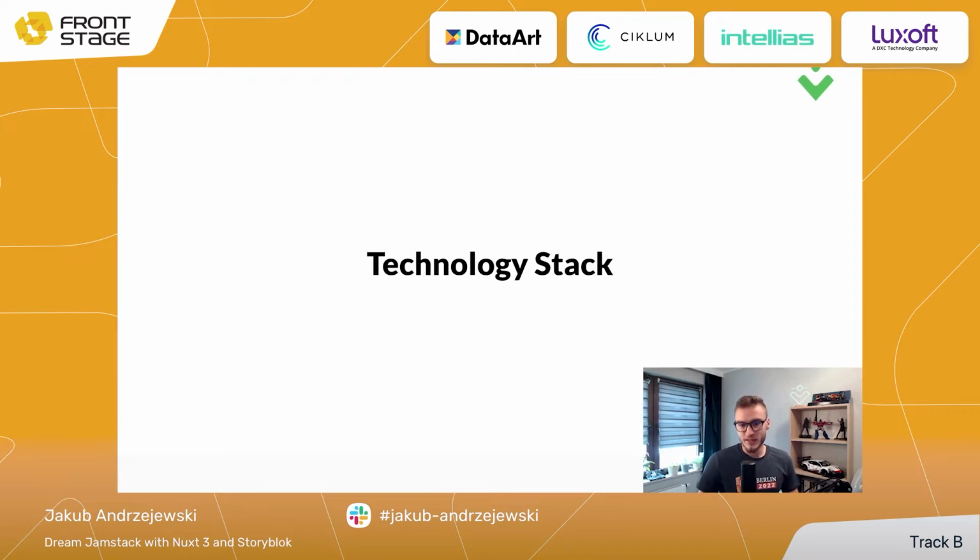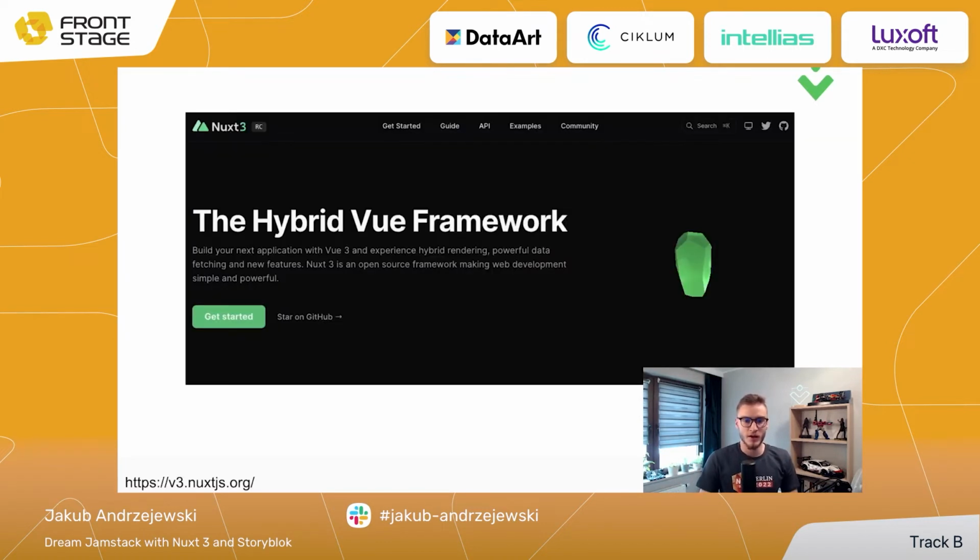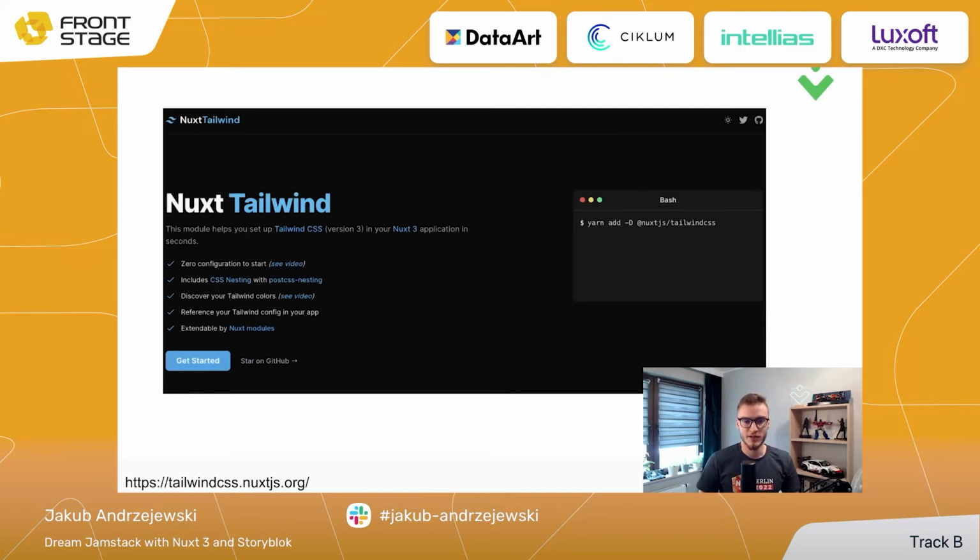So the technology stack for our demo part, because the presentation will be divided into this, like the theory part and then the practical one with the demo. I will be using Nuxt, as I explained previously, Nuxt 3 especially. I will be using Tailwind for styling, but very simple styling.